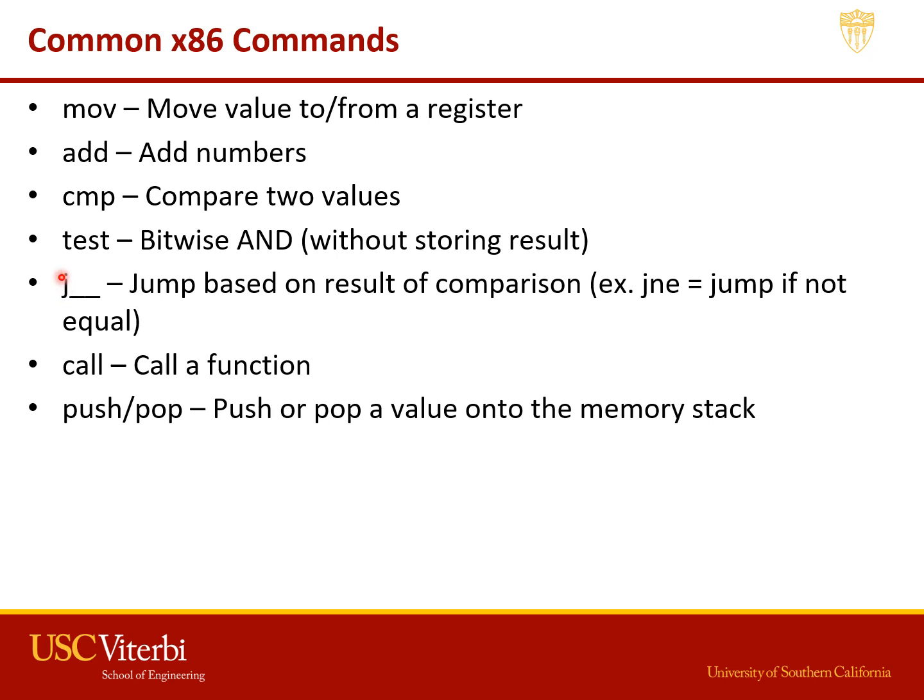So all the ones that start with J are jumps, like jump not equal is JNE, or jump if equal is JEQ, jump greater than, JGT, things like that. There's also JMP, which is just an unconditional, always jump. So if you see something that starts with a J, that's going to be a jump.